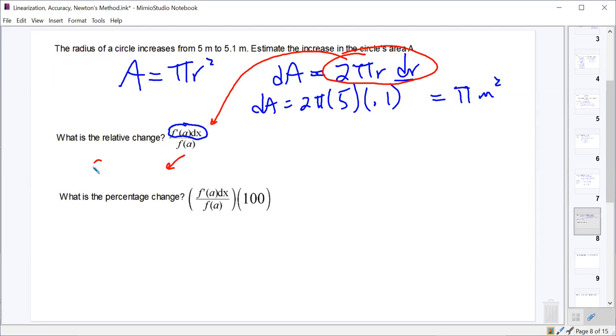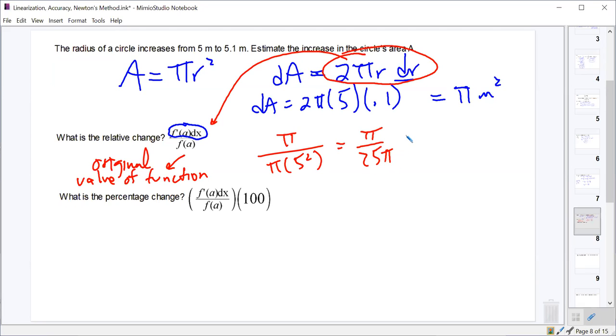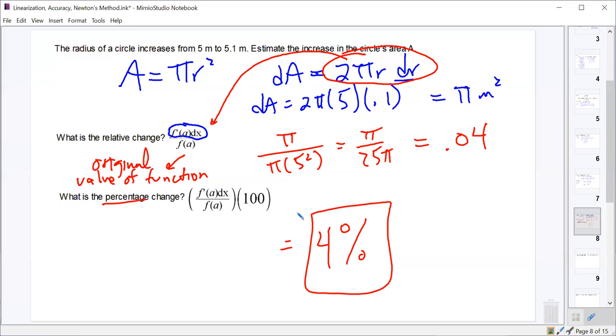So this is our original value of the function. And so that'll just be pi divided by pi r squared, or pi divided by 25 pi. Obviously, the pi's cancel, we get 1/25th, or 0.04. So we'd say that the relative change is 0.04. And then if we want to know the percentage change, it's just the same thing times 100. So that would be a 4% change in the area.